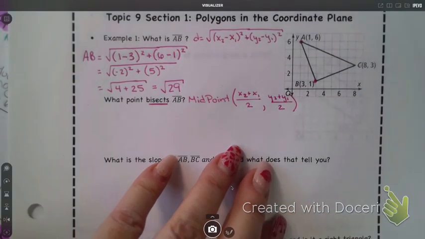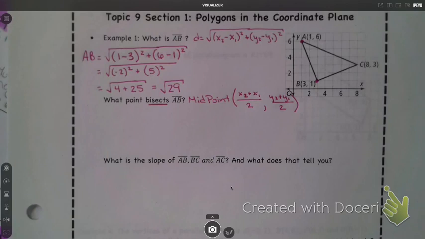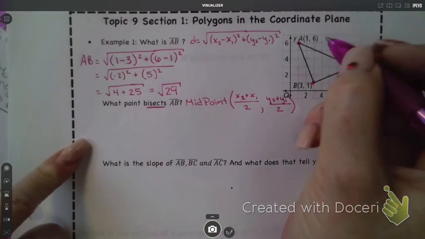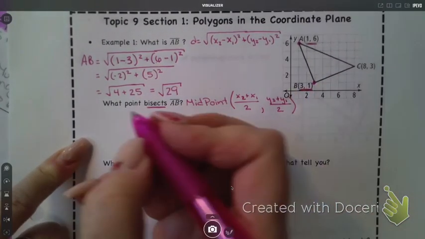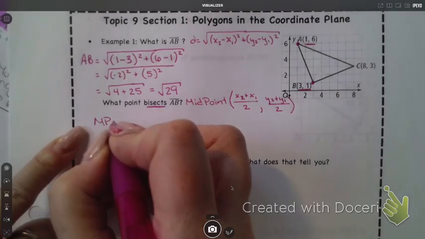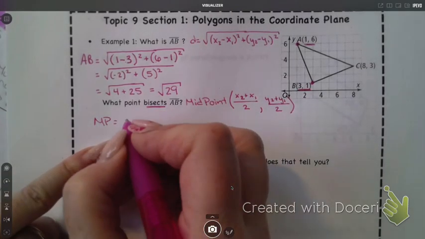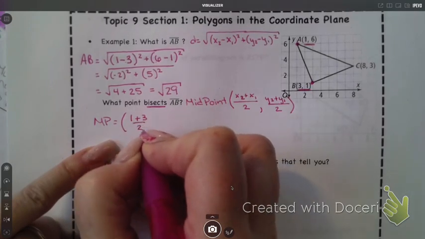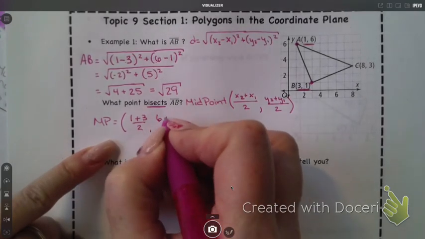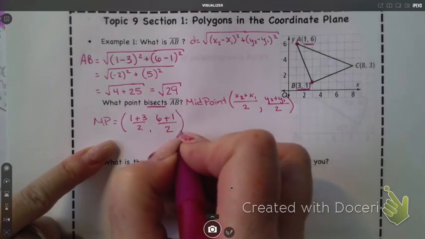Remember when we did this, I said it's the average of the 2 points, right? Because I come with a point. When I'm done, I have an x and a y. Okay, so I have 1, 6, and I have 3, 1. So the midpoint is 1 plus 3 over 2, comma 6 plus 1 over 2.